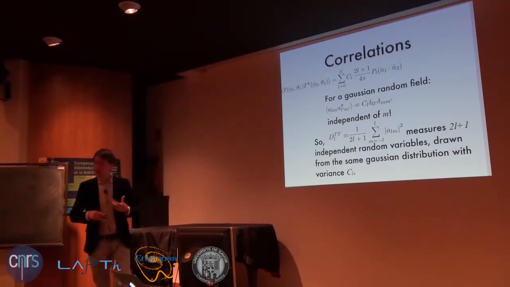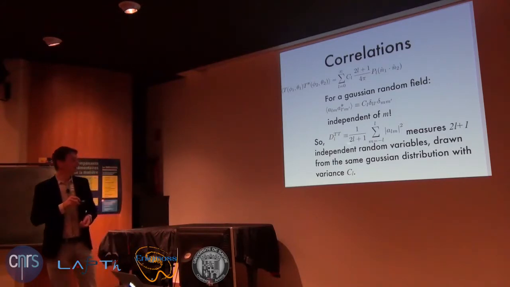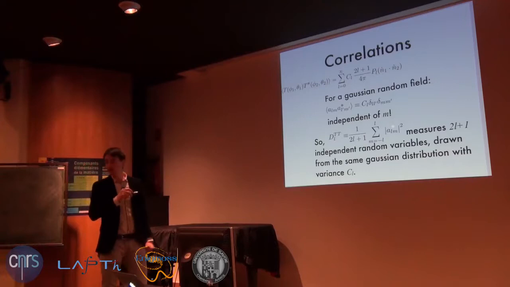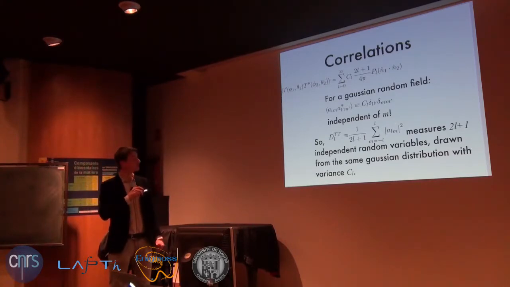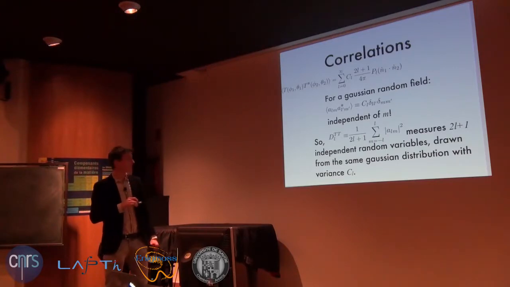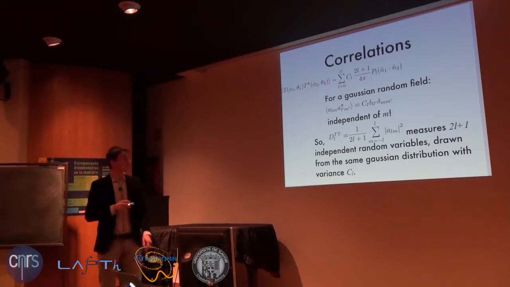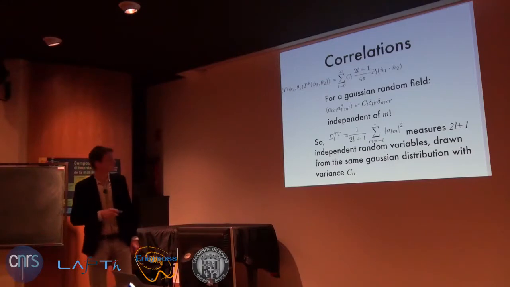So if you look at this initial quantity that I measured, the DL, which is a sum over M, this is actually a sum over many coefficients that are all drawn from the same distribution that has an amplitude CL. So if you look at large L, for example, multipole moment 1000, that means I have 2001 coefficients for that value of L. So I have A, L, and then the index M, 2001 of those.